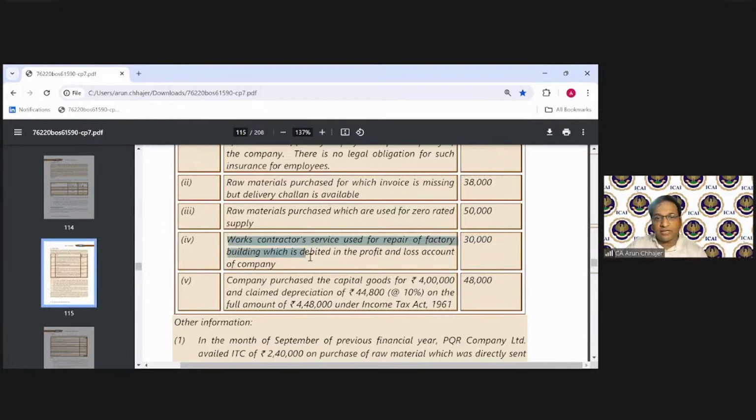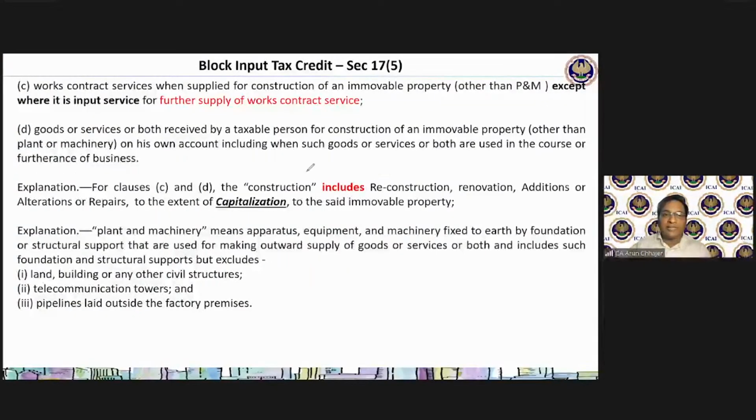The works contract, why available? Point to be noted. See, it is debited in profit and loss account. Where the blockage is there, let me go to the slide again. Open that slide. Explanation says that for the purpose of this clause C and D, the construction includes to the extent of capitalization.